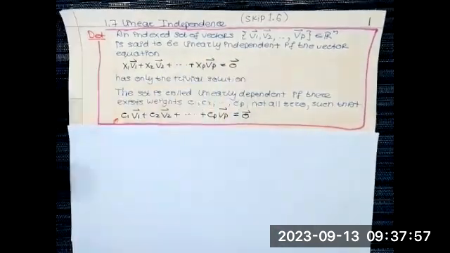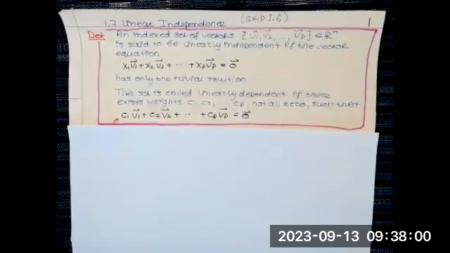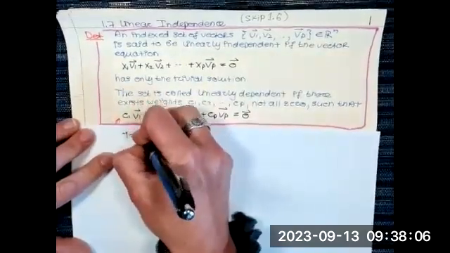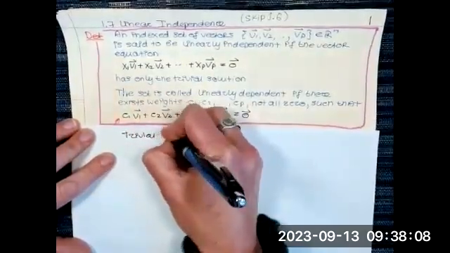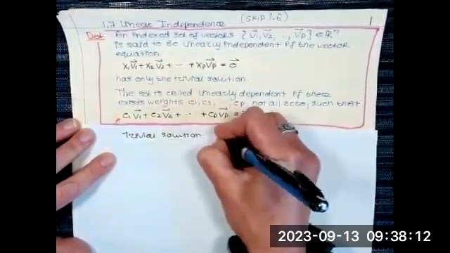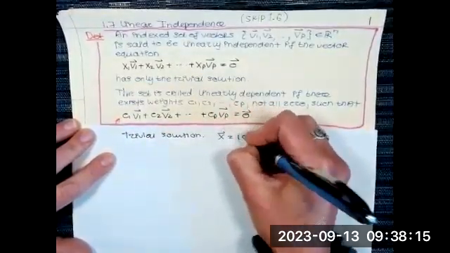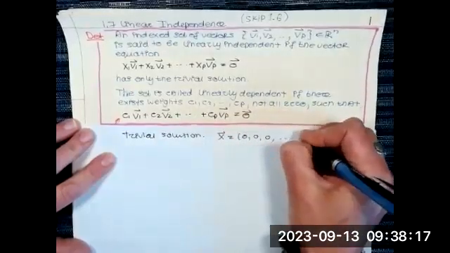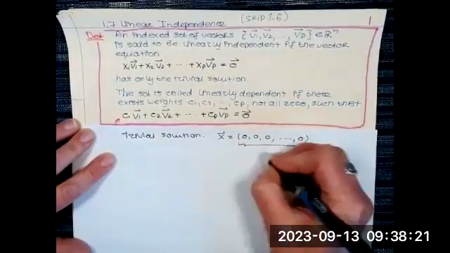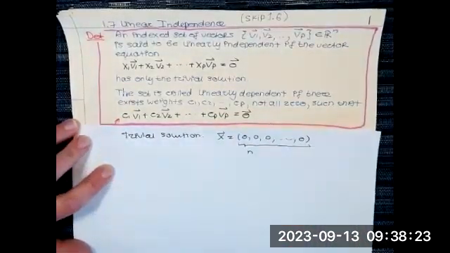Remember, the trivial solution means that all of my xi's have to be equal to 0. It's just the zero solution, my vector x equals 0, 0, 0, 0, and because it's in Rn, I basically have n zeros in my vector.